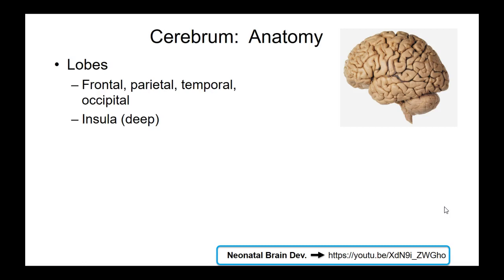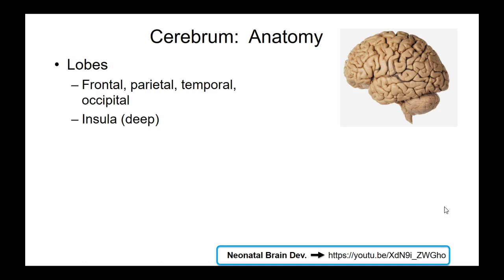And then the last lobe that you can't see, but if we were to pull apart the temporal lobe and the frontal lobe, we could peer in a little bit, and there's a last lobe in there. It's called the insula. It's just slightly deeper than these other ones. So these are the 5 major lobes of the cerebrum.